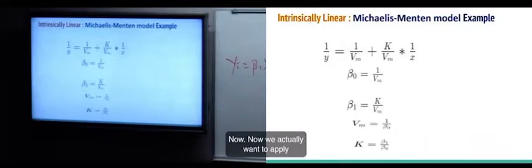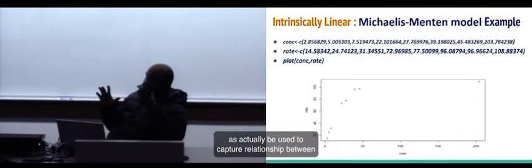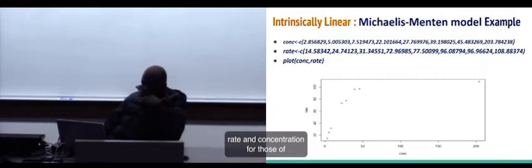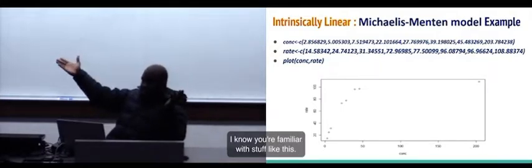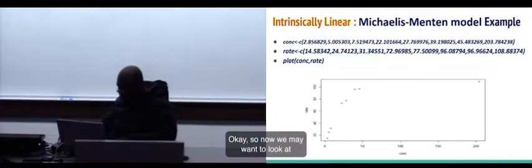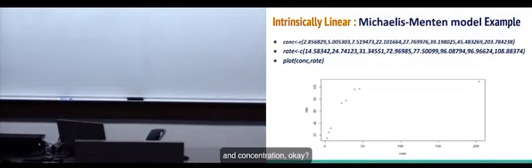Now we actually want to apply this, because Michaelis-Menten has been used to capture the relationship between rate and concentration. For those of you who are from chemistry, is there anybody? Okay, good. Or from biology, something biological related, I know you're familiar with stuff like this. So now we may want to look at the relationship between the rate and concentration.